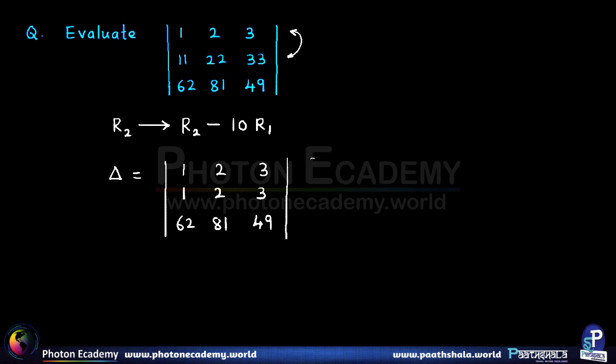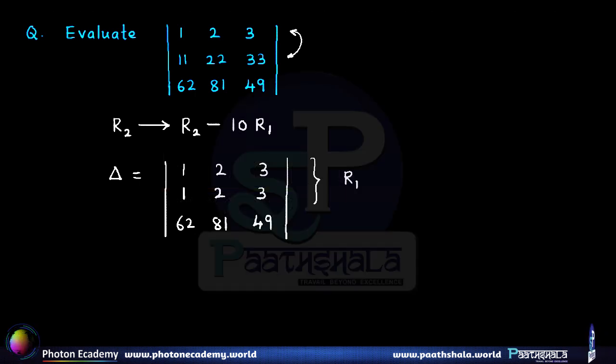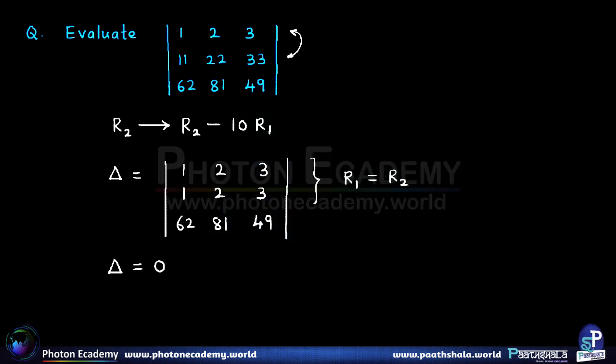So now we can clearly see that R1 is exactly identical to R2, and therefore by the property that if any two rows or any two columns of a determinant are identical, the value of the determinant is straight away 0. So that is how we use these properties to evaluate a determinant.